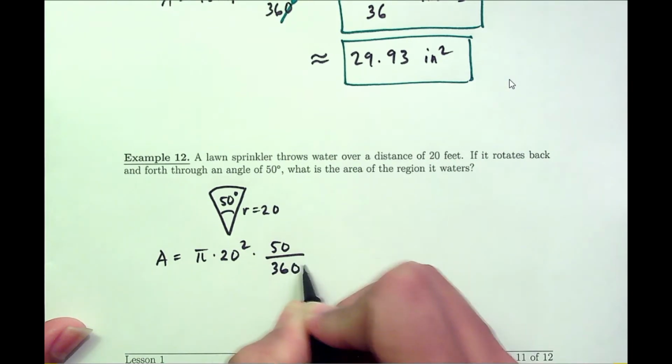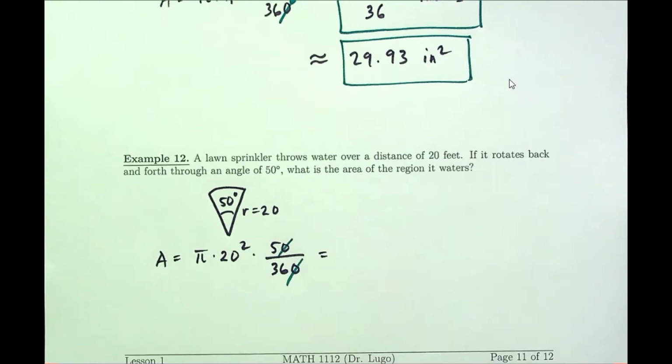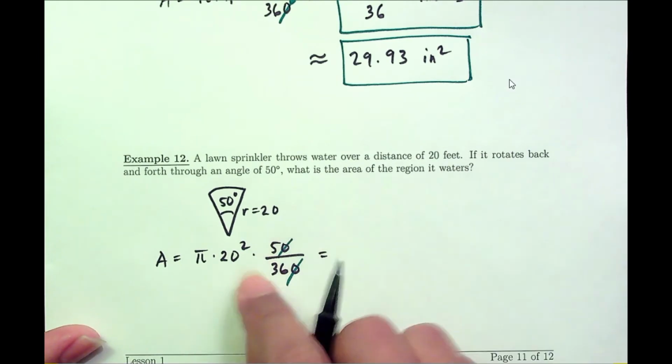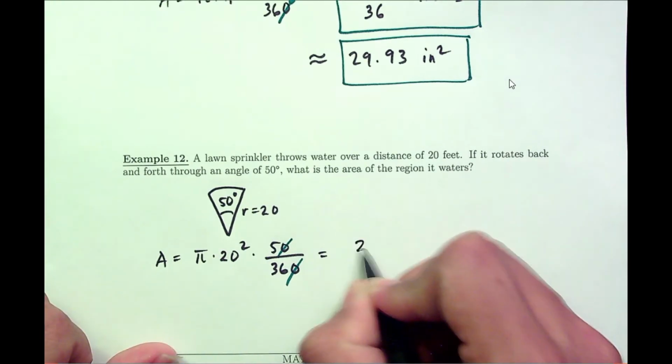If you want in terms of radians, divide by 2 pi instead. Okay, now let's simplify this. You can cancel those zeros, and then we will have 20. You can put it in a calculator. 20 squared is 400, and 400 times 5 is 2,000.